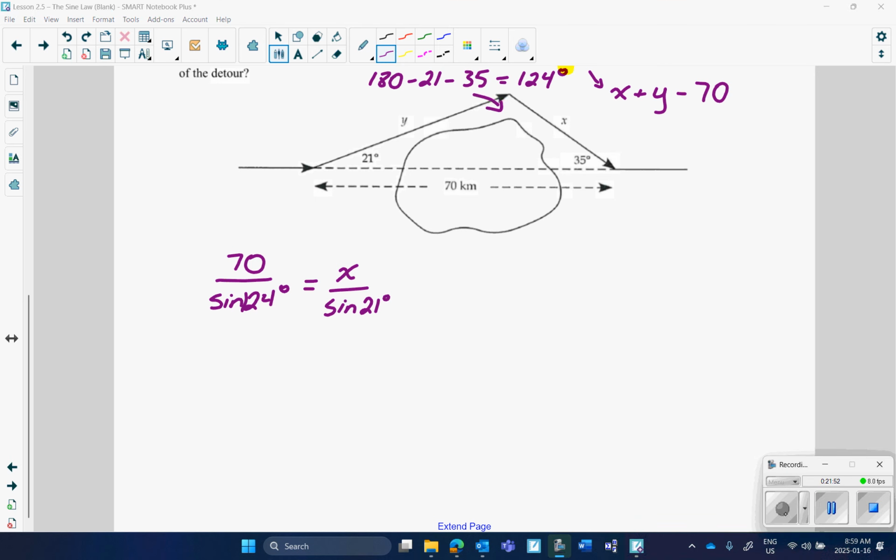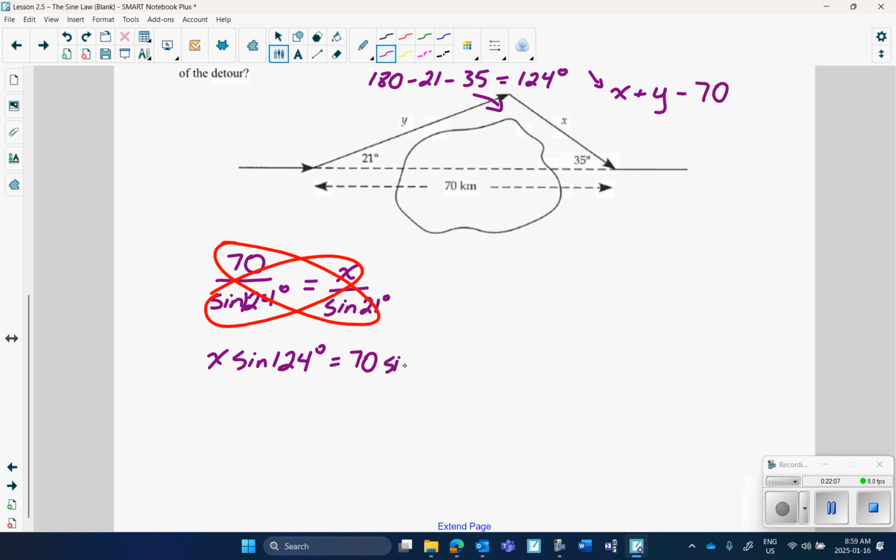Okay. So, cross multiply. X times sine 124 degrees equals 70 times sine 21 degrees. Divide both sides by sine 124 degrees.